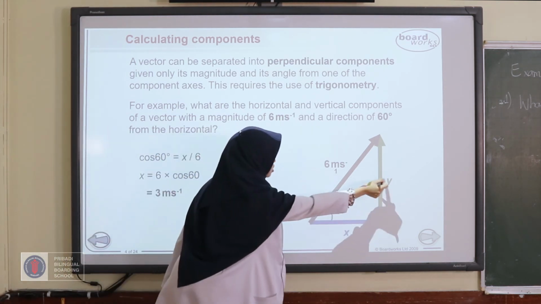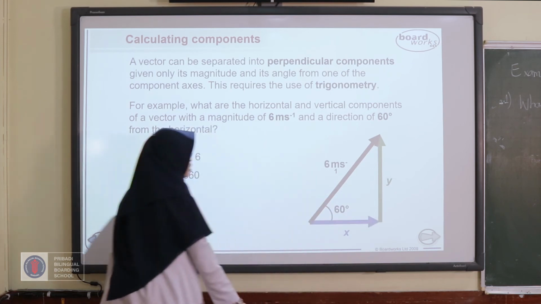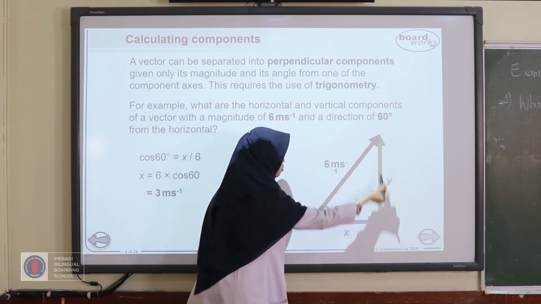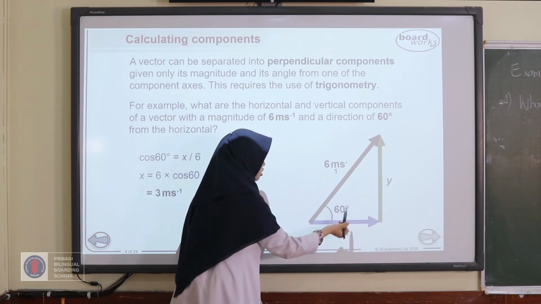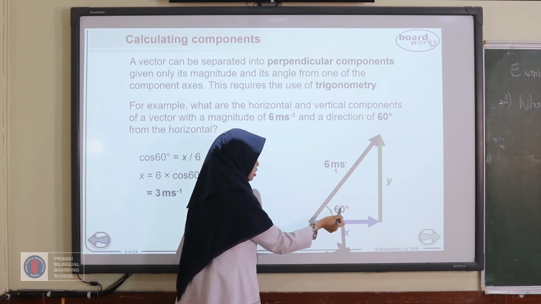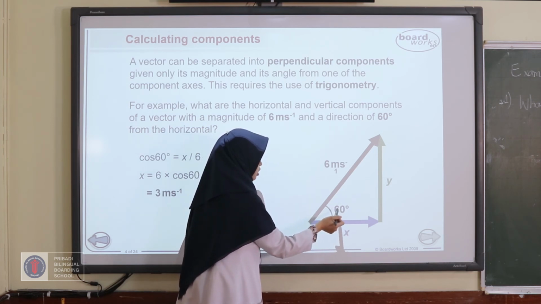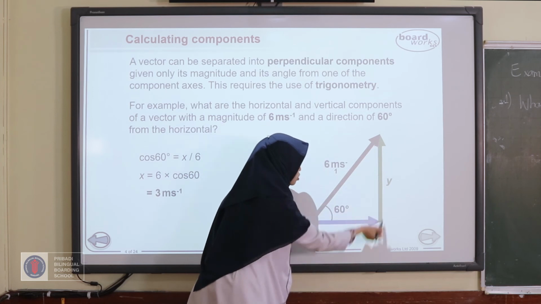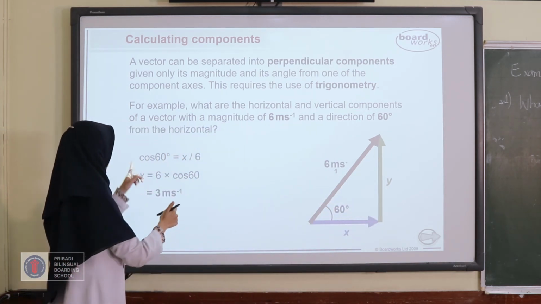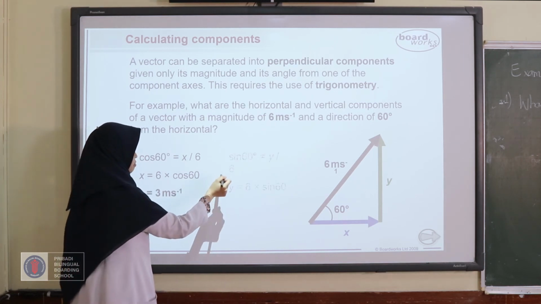The vertical component is this y, the green one here. Please check that this y vector is located in front of this theta, in front of 60 degrees. So we have to use sine, not cosine but sine, okay?